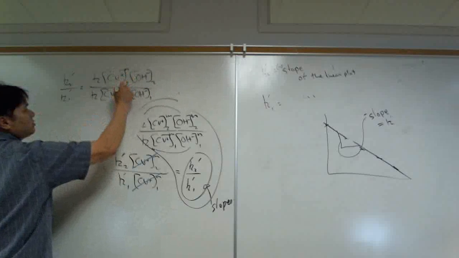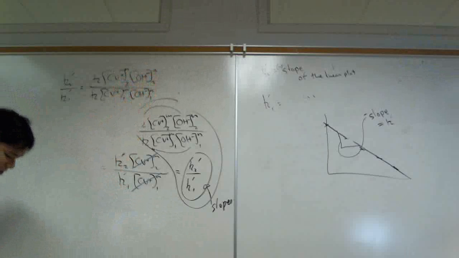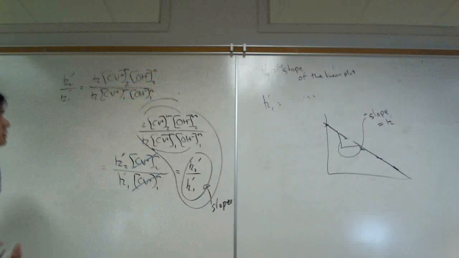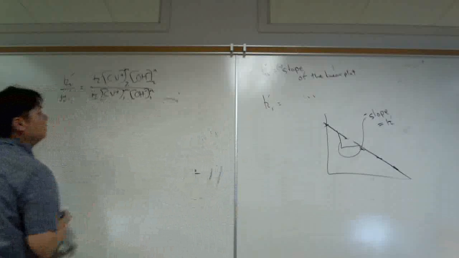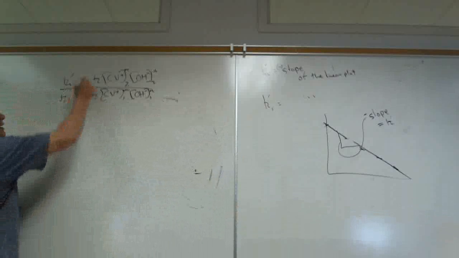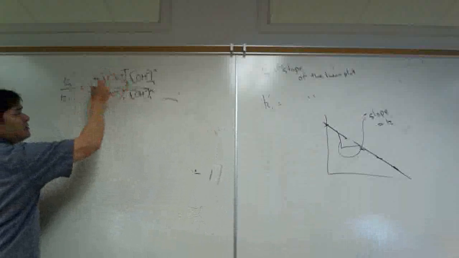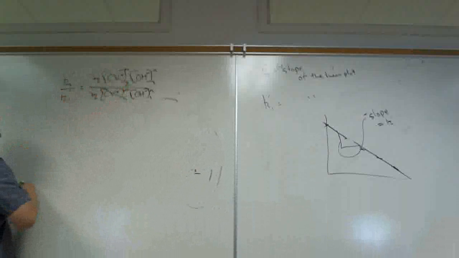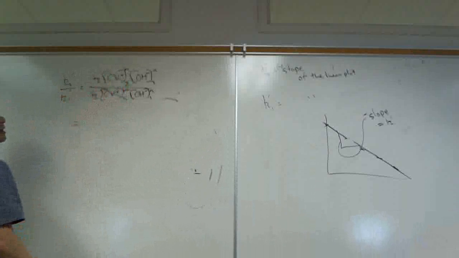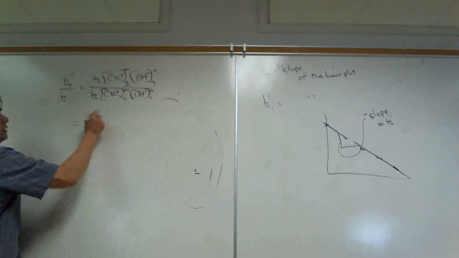Okay, the CV is raised to the m power, the hydroxide is raised to the n power. By this time we should know what m is, but it's okay because it's going to cancel out here. And so K's cancel, these aren't K primes, these are just the rate constant, and the CV's cancel. And so the ratio of the K primes is going to equal the ratio of the hydroxides here raised to the n power.